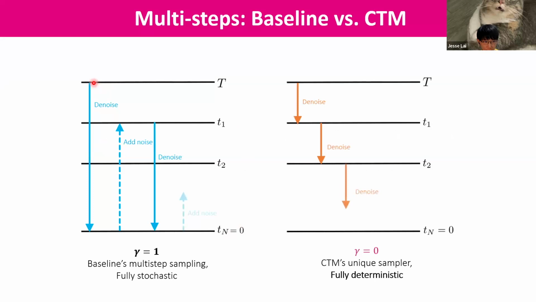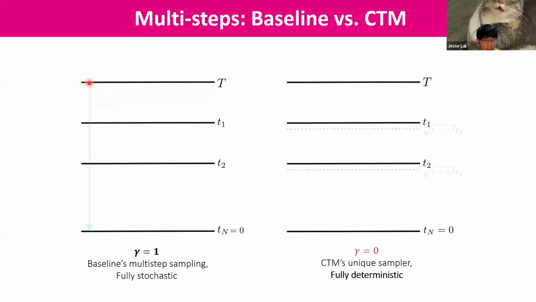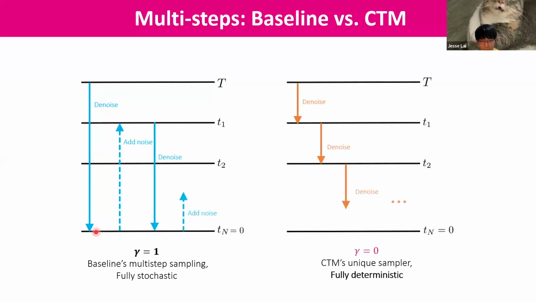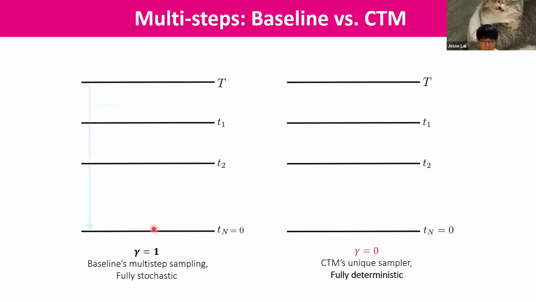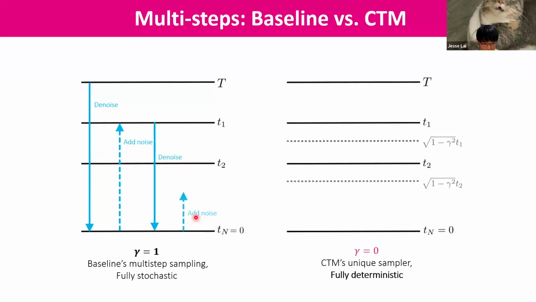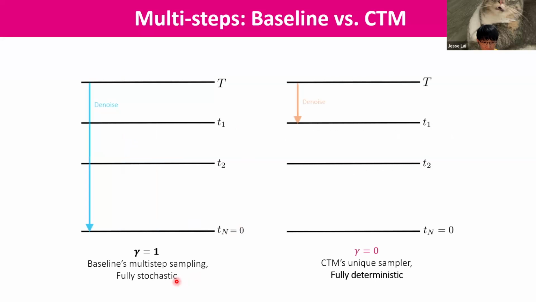They do one long jump from very noisy to clean, because they can only do a noisy to clean jump. And once they achieve the clean, they add noise back to the less noisy manifold T1, and then bring the sample back to 0, the very clean one, and then do this backward and forward. This is what they call multi-step sampling for CM.